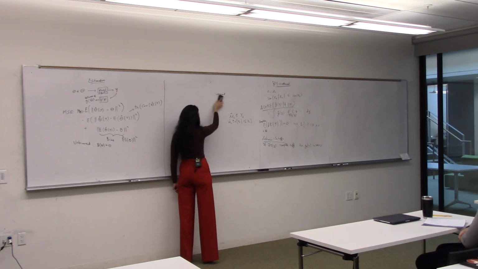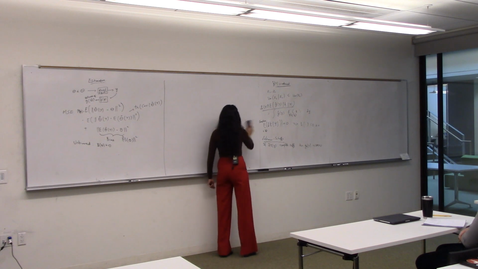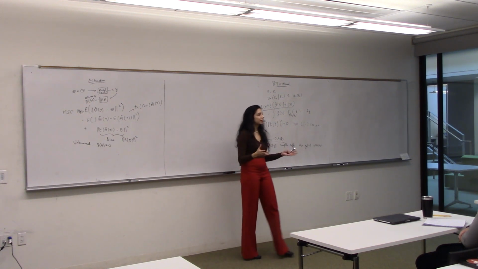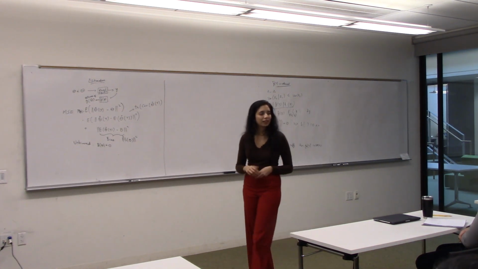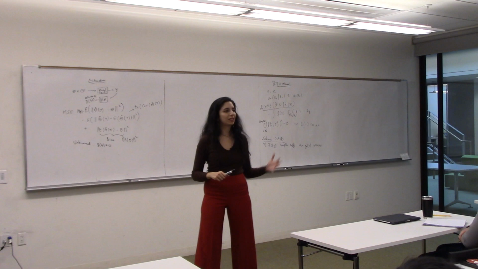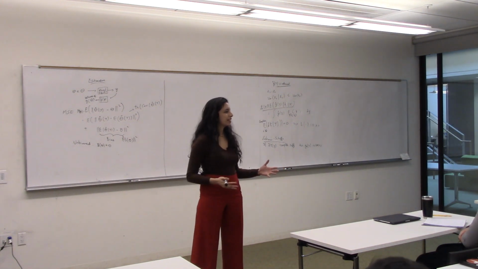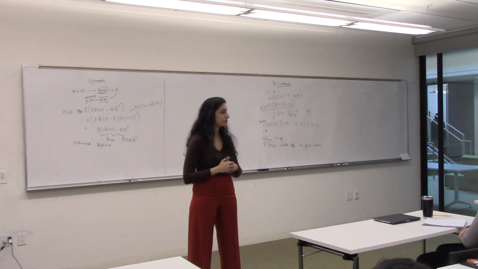I may not know how to estimate this well, but can I tell you that any estimator should have at least this much variance? These are the lower bounds. So even if I can't compute my UMVU estimator in closed form, can I guarantee that it has to have some minimum level of variance?